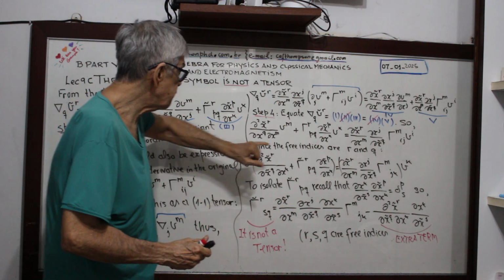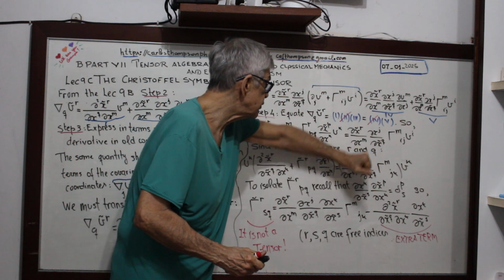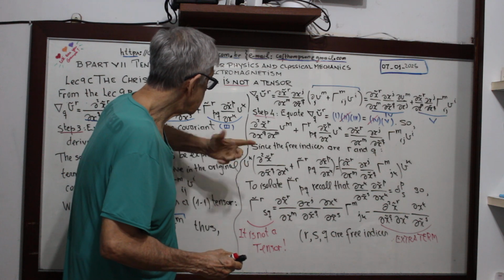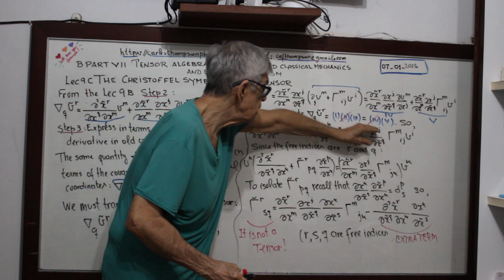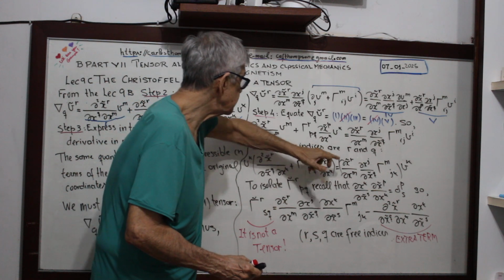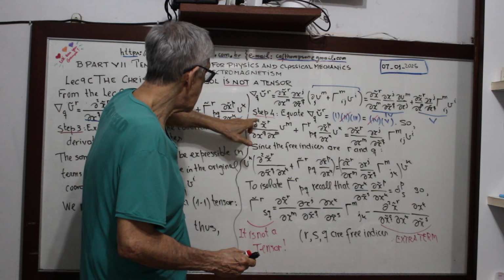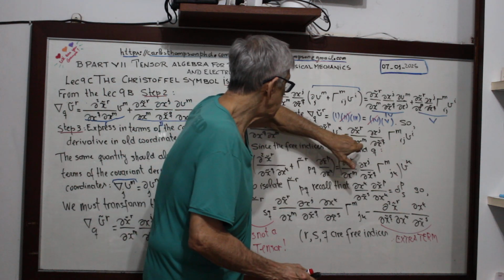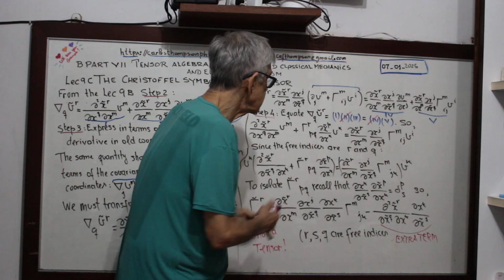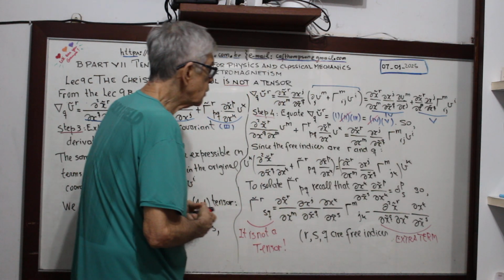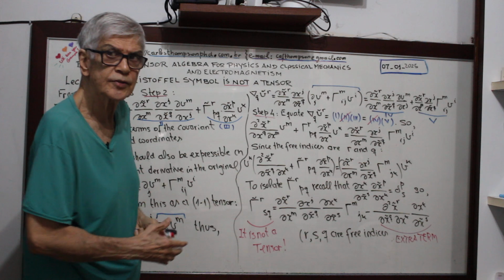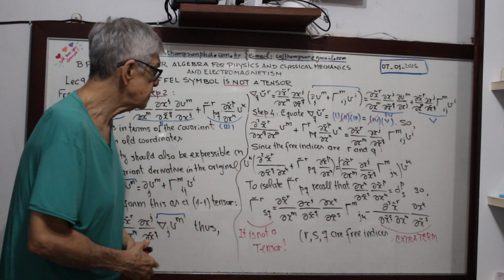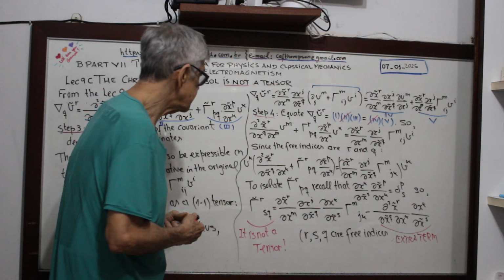Now, since the three indices are R and Q, you can look here and see that the three indices are R and Q, R and Q, and R and Q. That's quite easy. All others are dummy. I can manipulate dummy indices in this case.